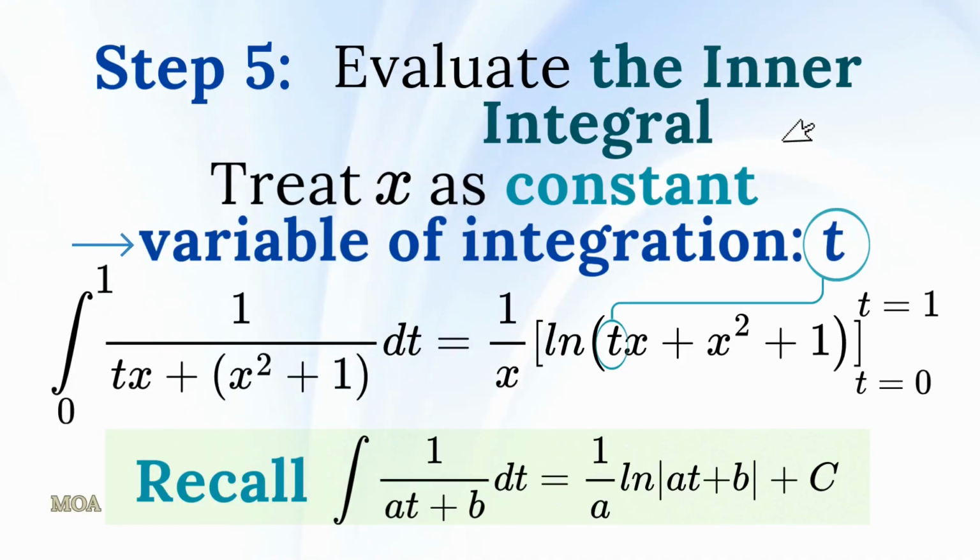So, the integral from t equals 0 to 1 of 1 over the quantity t times x plus x squared plus 1 with respect to t equals 1 over x times the natural logarithm of t times x plus x squared plus 1 evaluated from t equals 0 to t equals 1.